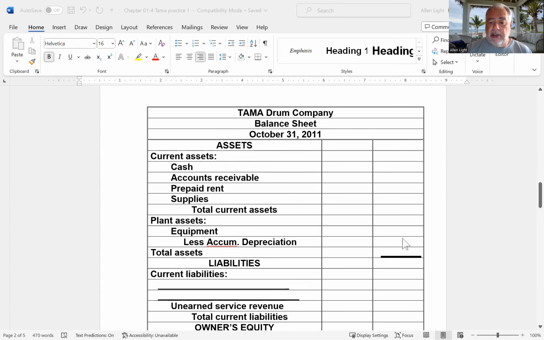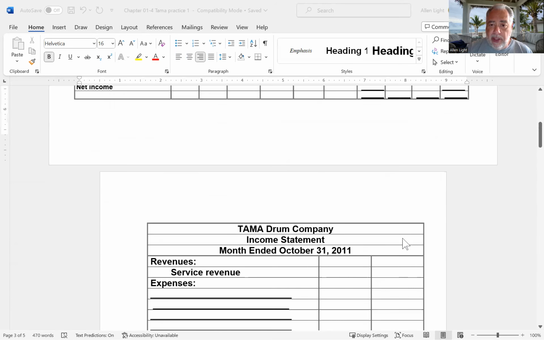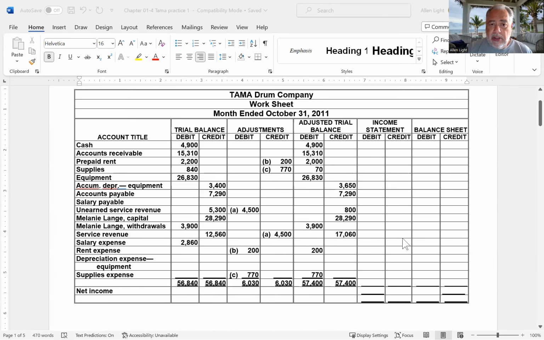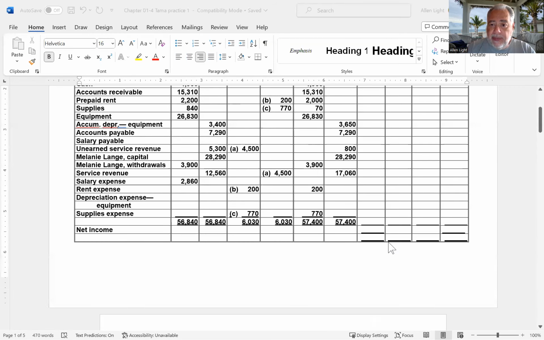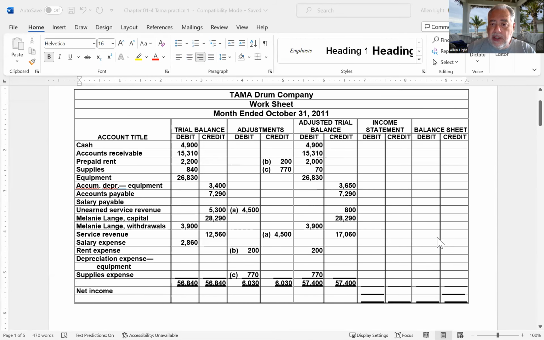Now we're going to do the balance sheet. The balance sheet, and here again, now if we go back to the worksheet, okay, what we're going to learn is everything that goes into these two columns right here under income statement is what goes on your income statement. Everything that goes over here to the balance sheet columns is going to go to the balance sheet.